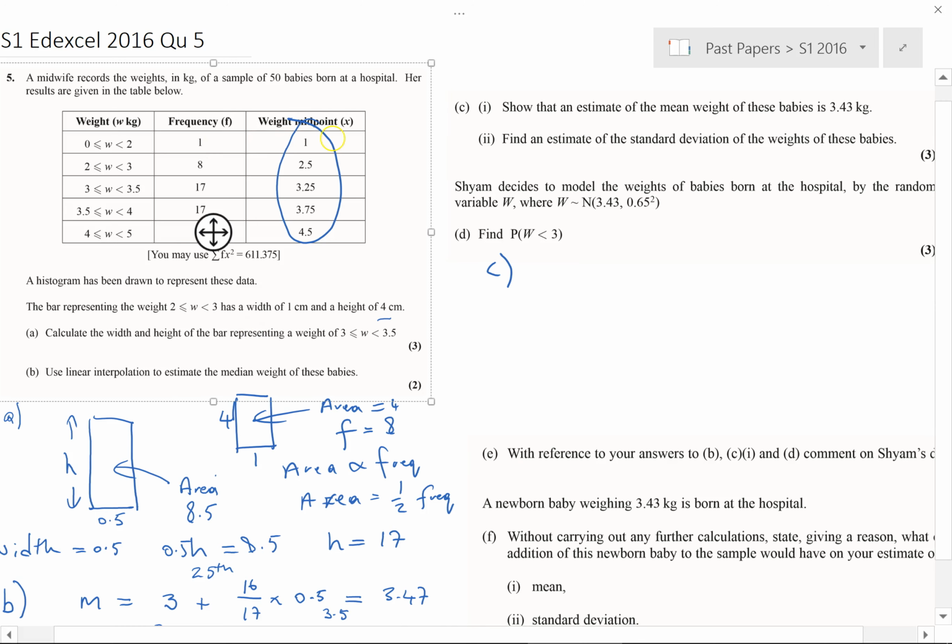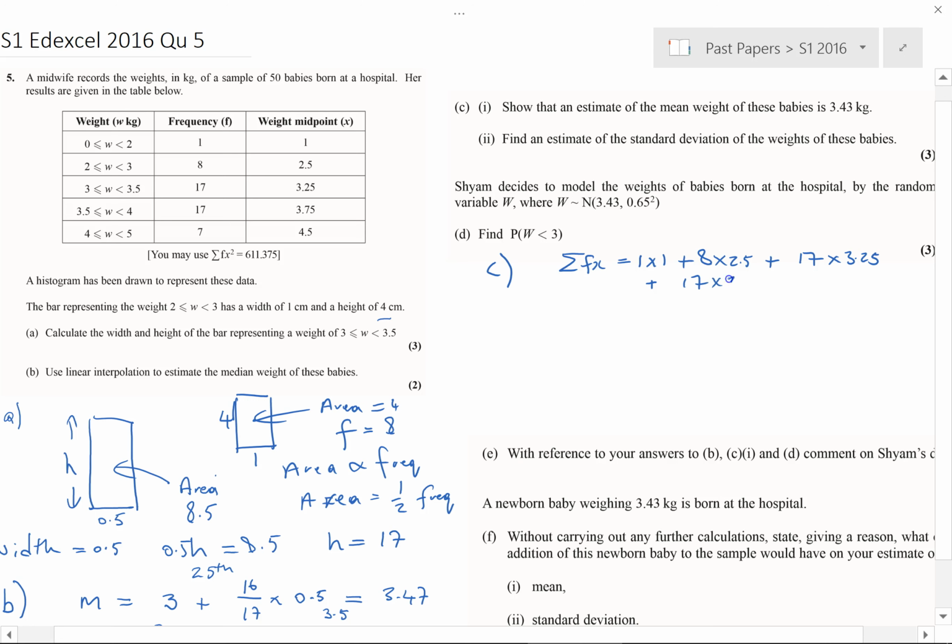So we have these numbers multiplied for sigma fx, which is equal to 1 times 1 plus 8 times 2.5 plus 17 times 3.25 plus 17 times 3.75 plus 7 times 4.5, and that equals 171.5.